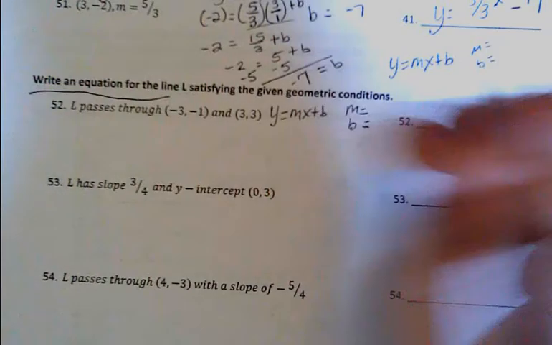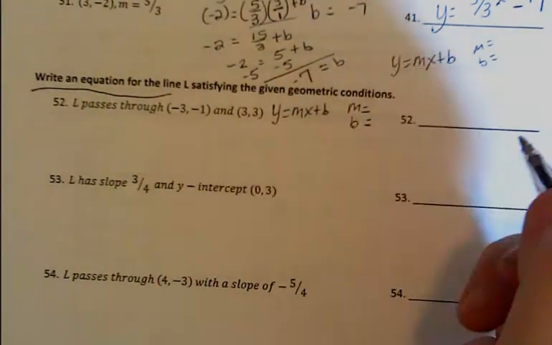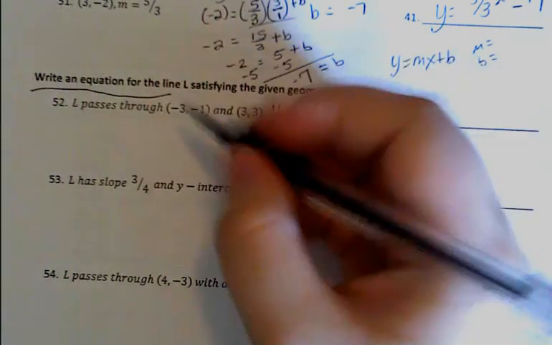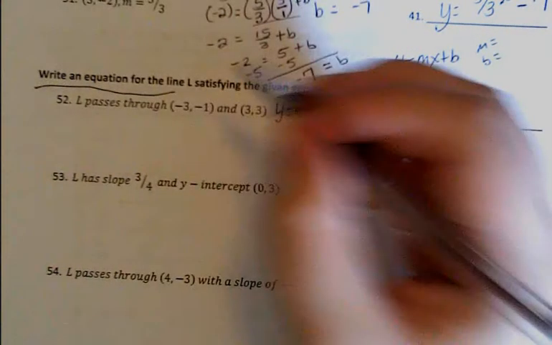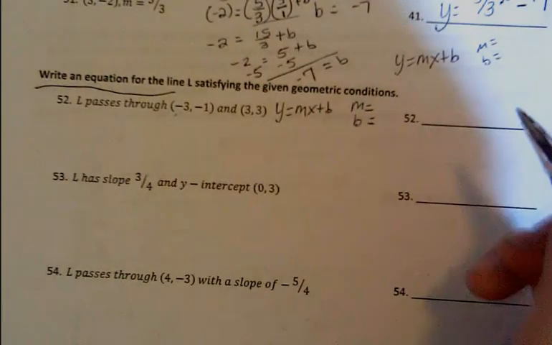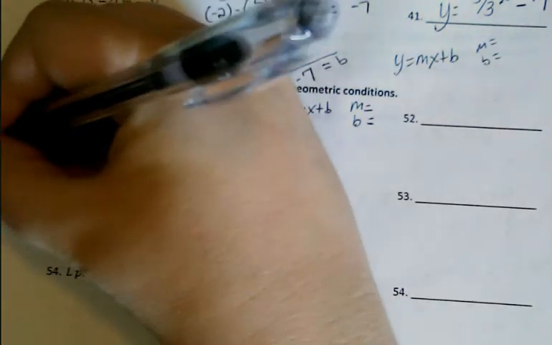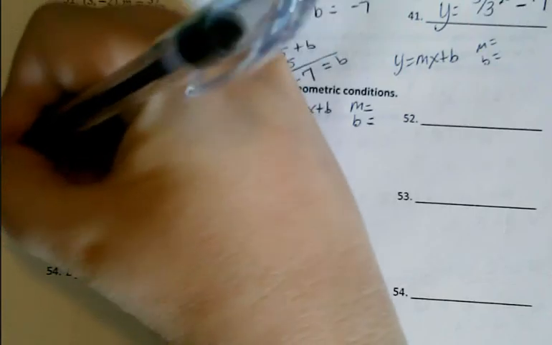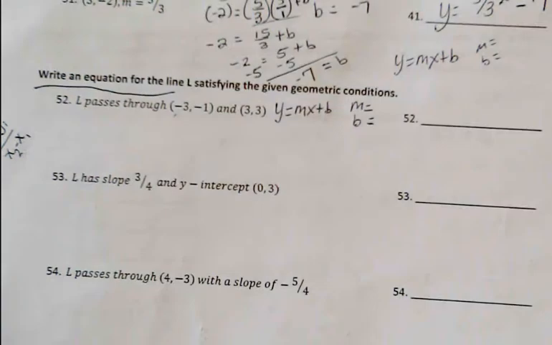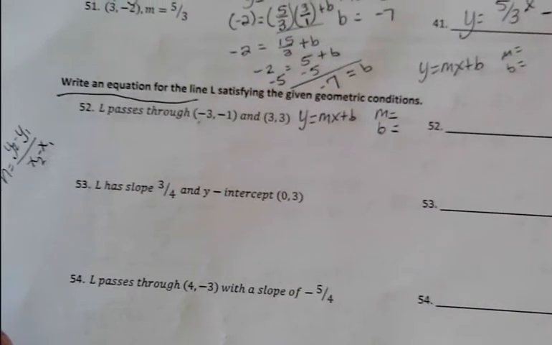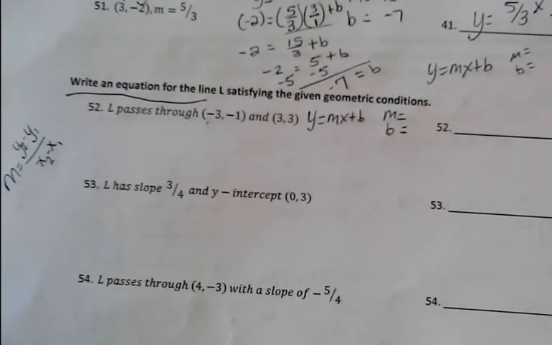Well, they don't give me my m or my b, but I do know how to find my m when they give me 2 points. The way is by that formula. m equals y2 minus y1 over x2 minus x1.